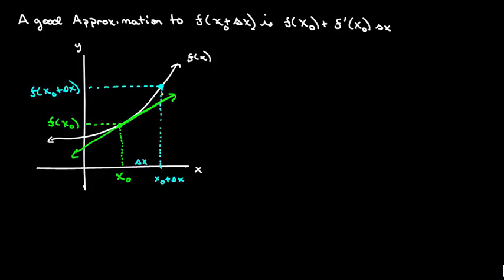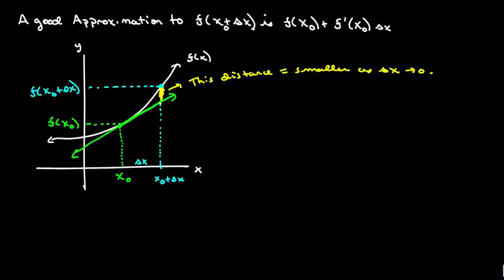So what we're saying is that this distance right here is going to be smaller as delta x goes to 0. So as delta x becomes smaller, if we push that point in, the distance between the white line and the green line gets closer and closer.